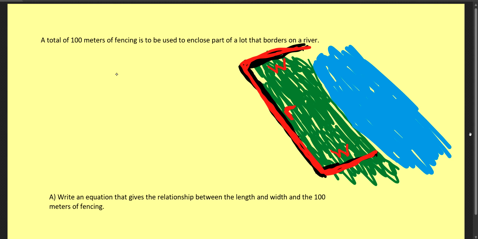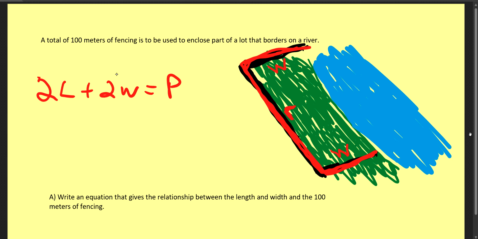If it's fencing, it goes around the outside of the border, so they're talking about the perimeter. The standard perimeter is 2 times the length plus 2 times the width, that equals the perimeter.